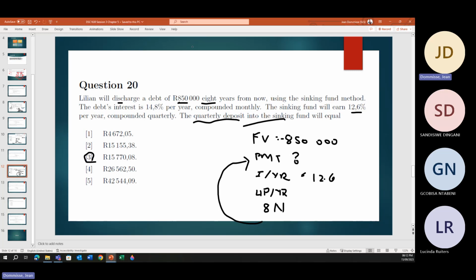So again, because we're working with a sinking fund, it's very important that we work with the percentage that's linked to the sinking fund. So very important that we don't, in this instance, work with 14.8. If we used 14.8, okay, luckily there wasn't an answer.